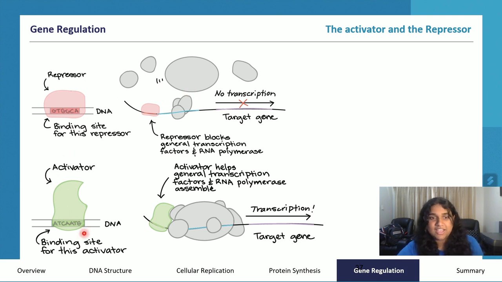On the other side, we've got activators. These are like our green sites here. It will activate onto a binding site that hooks RNA polymerase onto the DNA strand itself, which lets the RNA polymerase transcribe the target gene, which is in purple over here. As these transcription factors are also proteins encoded by the DNA, they can have transcription factors that regulate them as well.